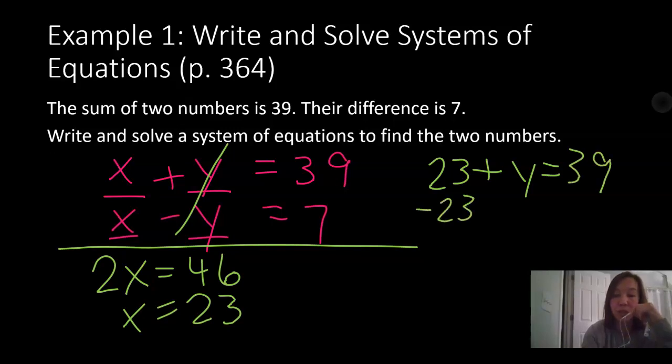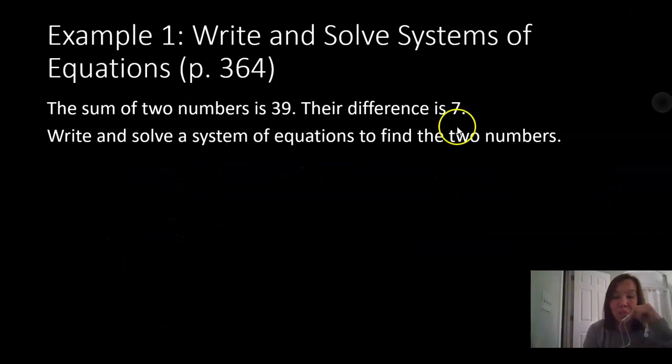So if we subtract 23 from both sides, then Y equals 16. So does 23 plus 16 equal 39? And 23 minus 16 equals 7. So we know we have the correct solution to our system.